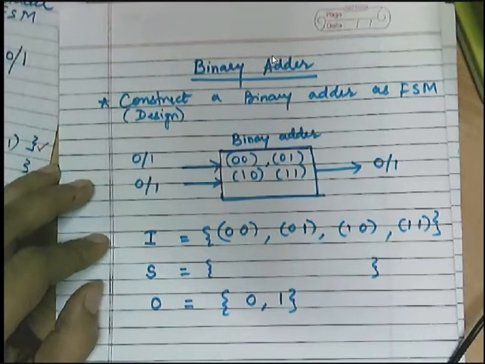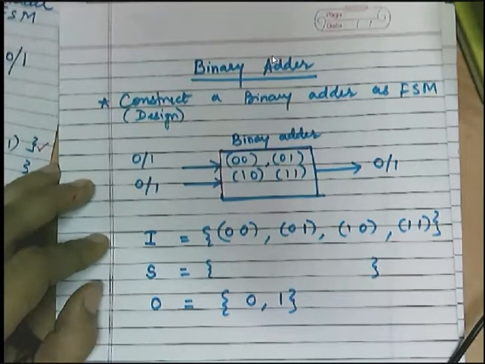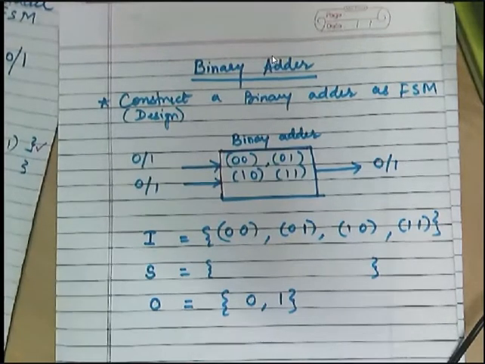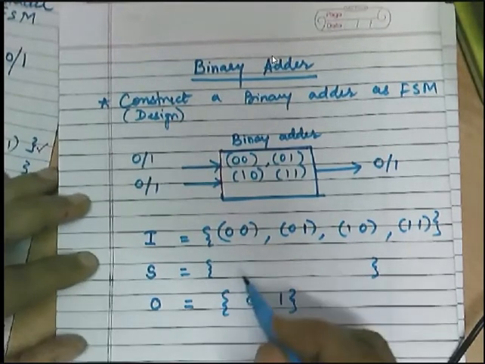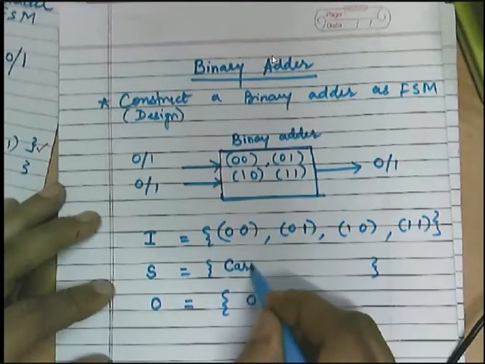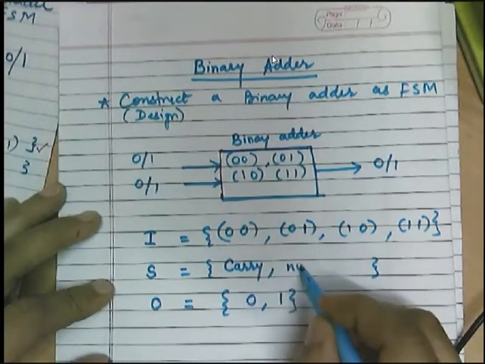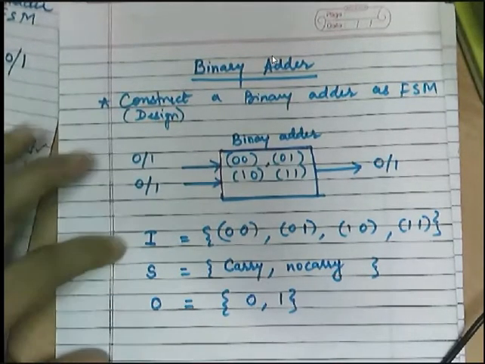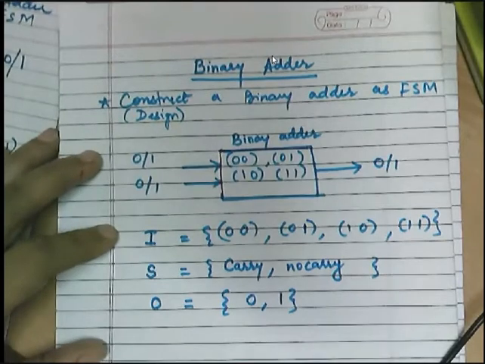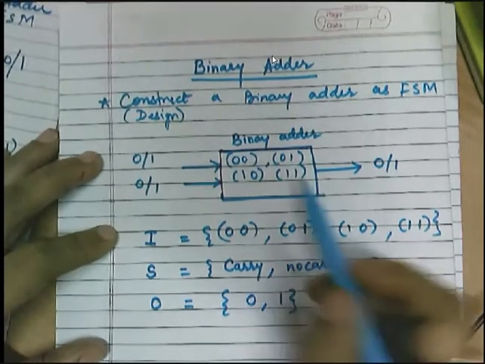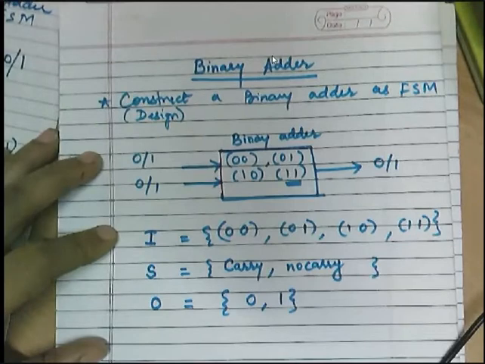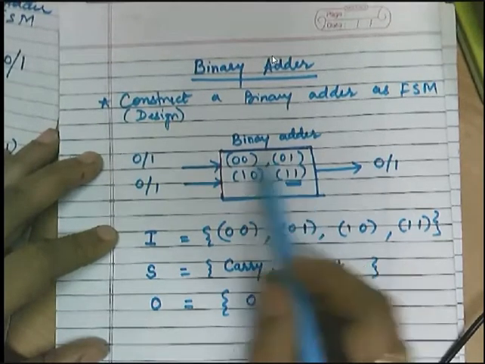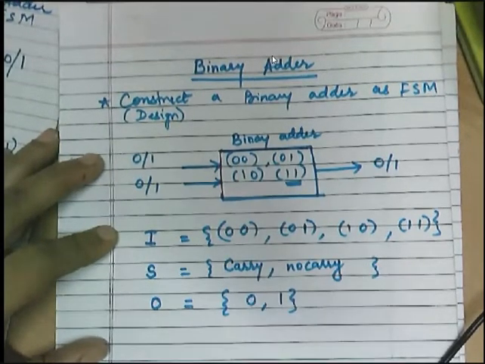In a binary adder, we can say that the adder goes to a state called the carry state or a no carry state. Can we say the adder has two states? When it is in this combination, it is in a carry state, but when these combinations are there, it will be in a no carry state.